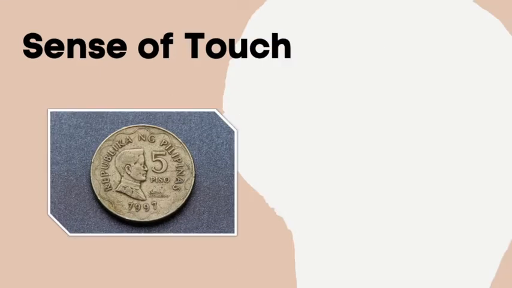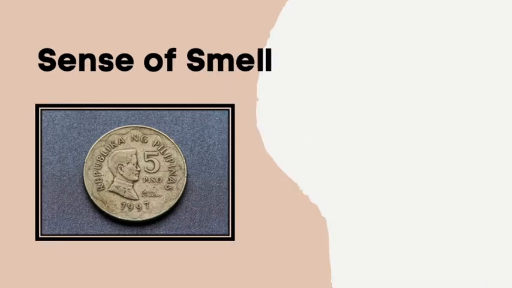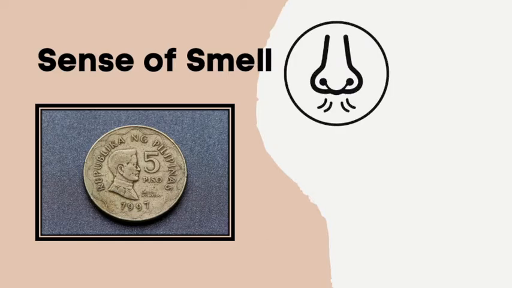With the use of our sense of touch, we say that the 5 peso coin is smooth with a little rough parts. And it is also hard. If we smell it, it will give us a musty odor, something that is moldy or damp in smell.